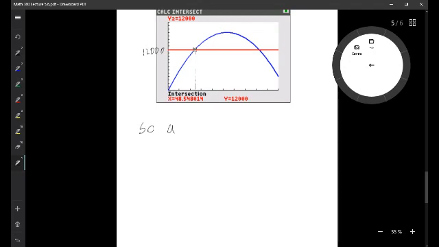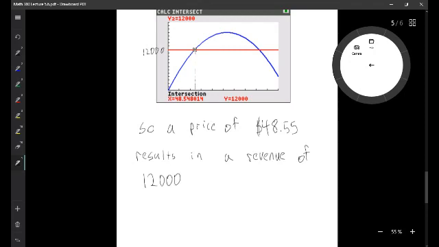So a price of $48.55 results in a revenue of $12,000. Okay.